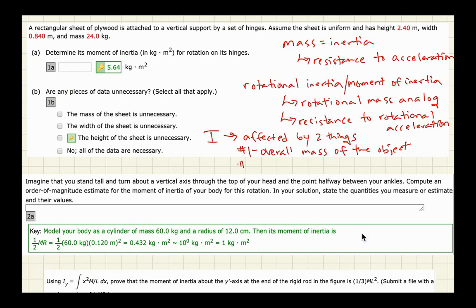The second thing that affects this, though, is where the mass is relative to the pivot point or the point of rotation.